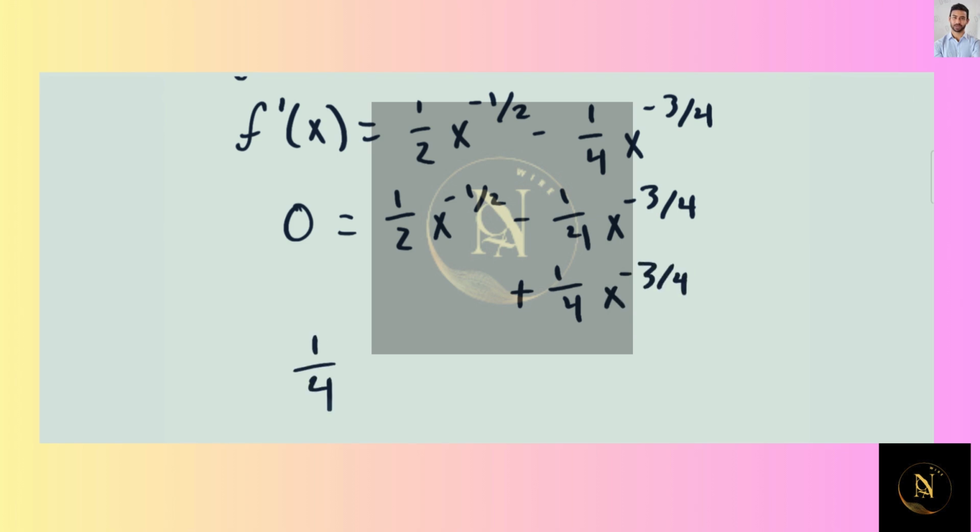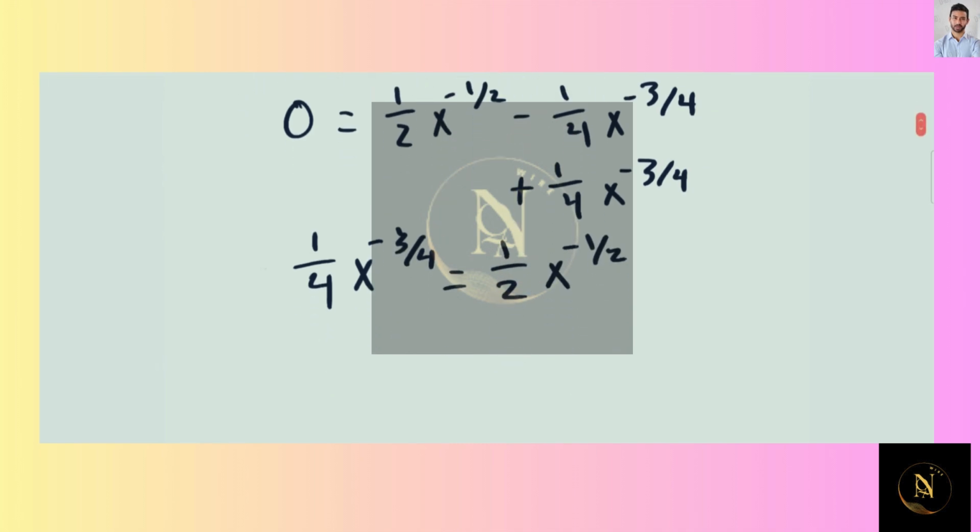So you get 1/4 x to the negative 3/4 is equal to 1/2 x to the negative 1/2. Now we can multiply both sides by x to the 3/4, and this will get rid of this x to the negative 3/4. So we can cancel these, and we can add the exponents on this side of our x's. So negative 1/2 plus 3/4 is 1/4.